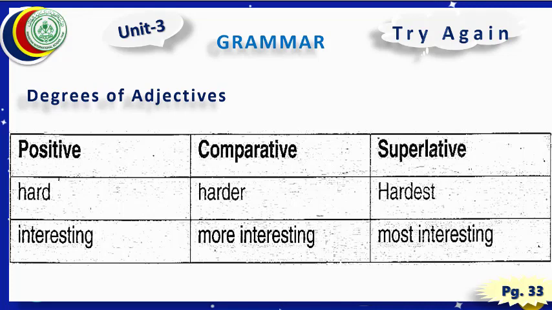In this exercise, we shall discuss the degrees of adjectives. Dear students, you know very well, an adjective is a word that describes a noun. It tells us more about a noun. There are 3 degrees of an adjective. It can be of positive degree, comparative degree, or superlative degree.